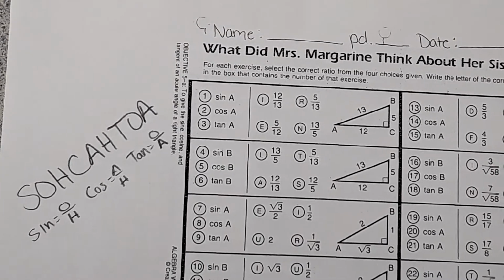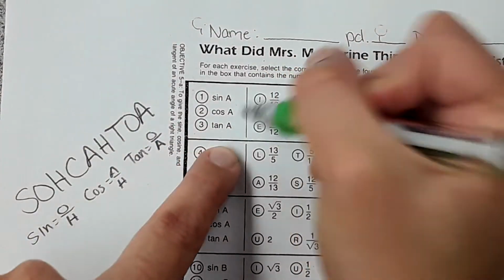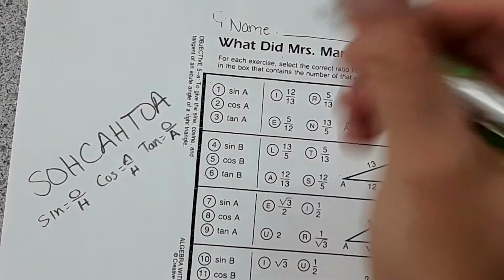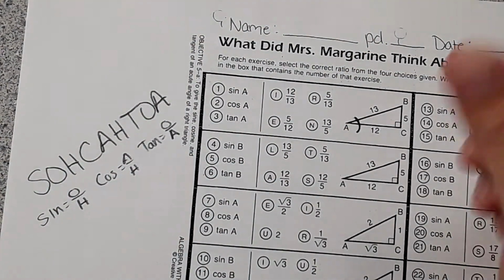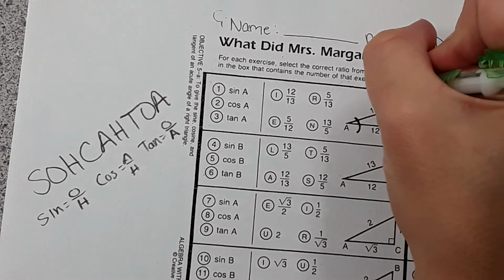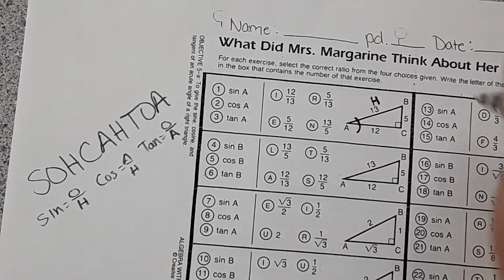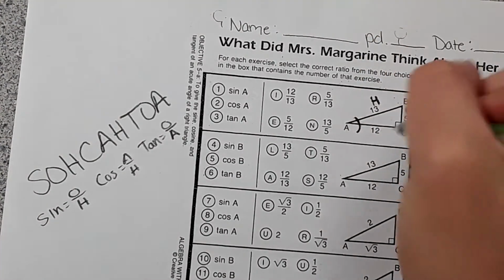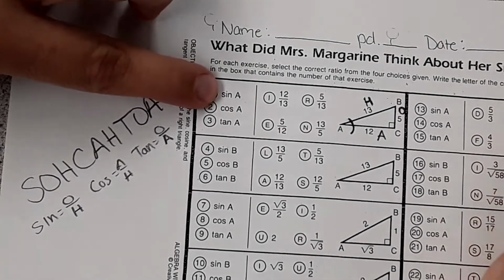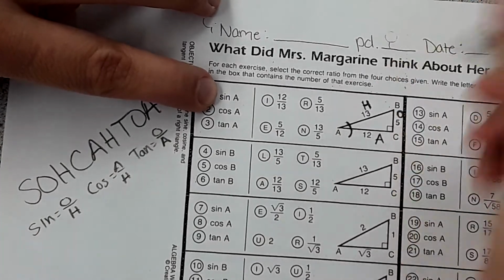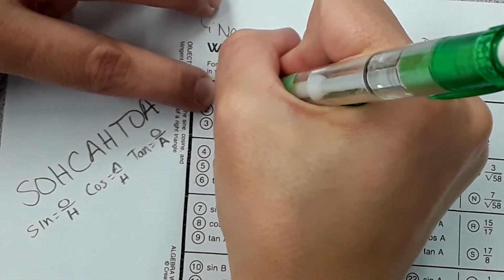So for 1 through 3, it's asking all about angle A. So the first thing you're going to do is just identify that angle. So you'll make a little mark, and then you'll label the sides. So your hypotenuse is right here. You always label that first. Then you'll label the side opposite and adjacent. Then you'll go through sine of A, which is opposite over hypotenuse, is 5/13.